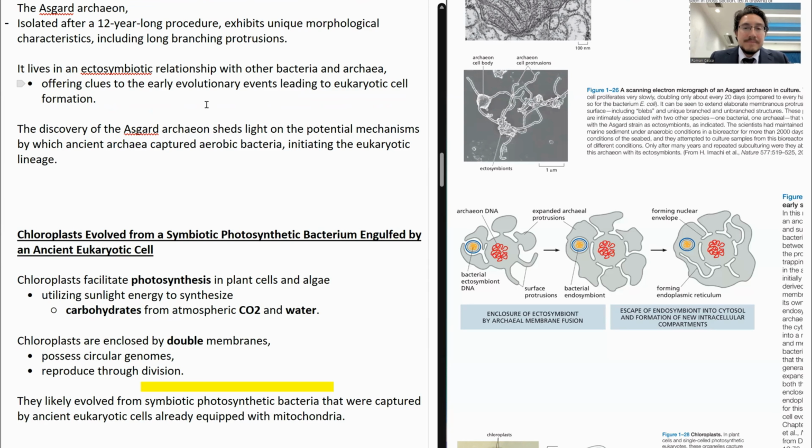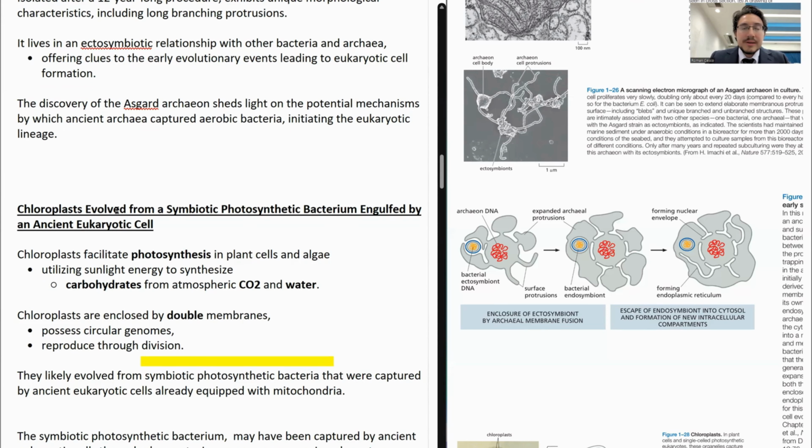That type of relationship, with these protrusions connecting to them, could have led to the engulfment of one by another, bringing it inside its body, essentially undergoing phagocytosis, but not digesting.